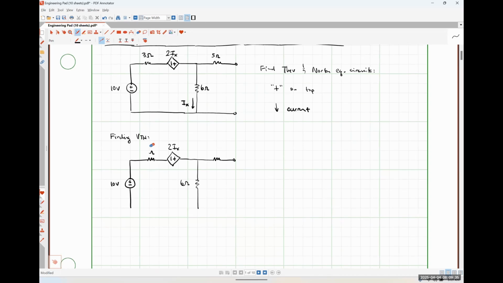That should have been a 3. Here is my VTH that we're solving for, and I would like a suggestion from you all as to how we might go about solving this.